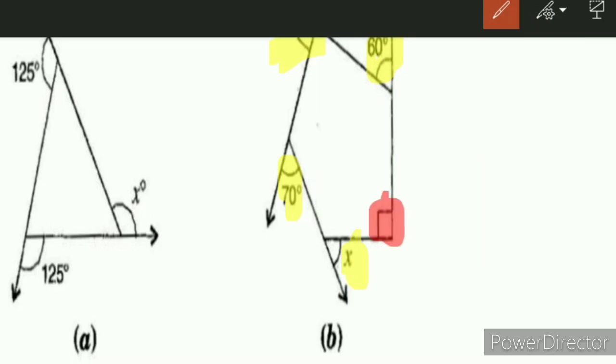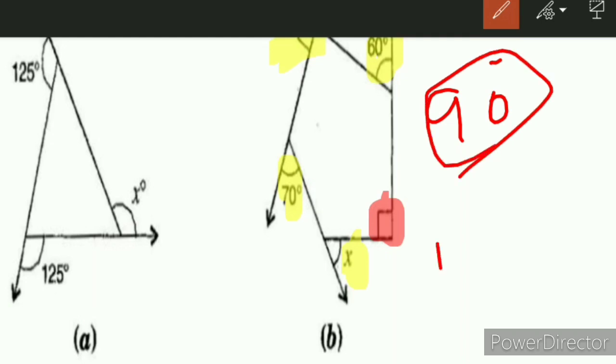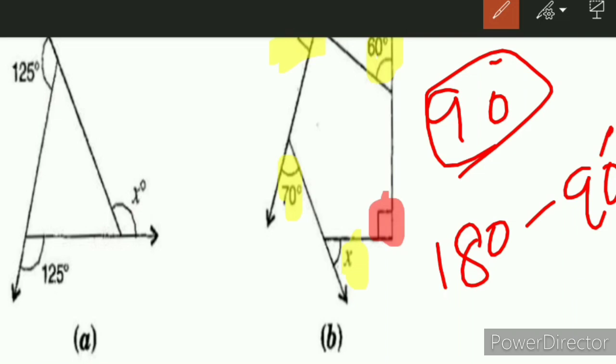Using that we can find the exterior angle. We should use the linear pair angle property: to find an interior or exterior angle, we subtract the given angle from 180 degrees. Here we have 90 degrees, that 90 we should subtract from 180.